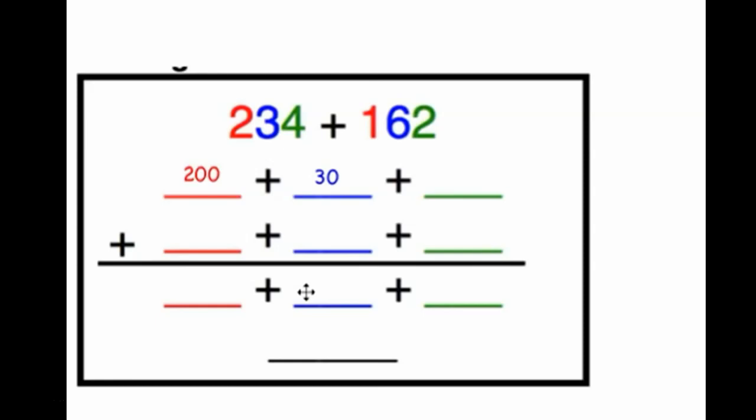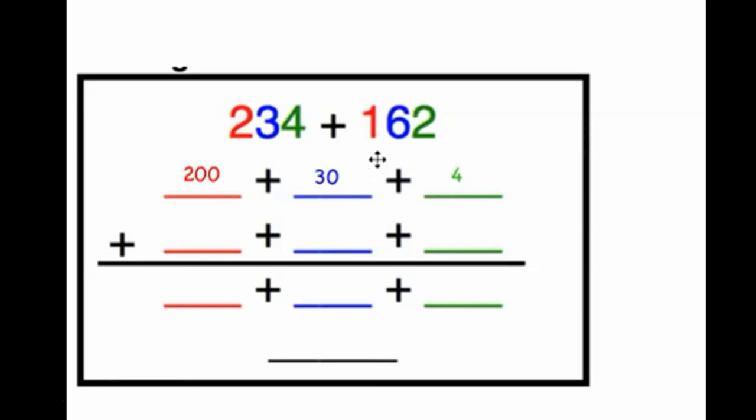What is the value of the digit 4 in the ones place? The 4 in the ones place has a value of 4. So 234 written in expanded form is 200 plus 30 plus 4.